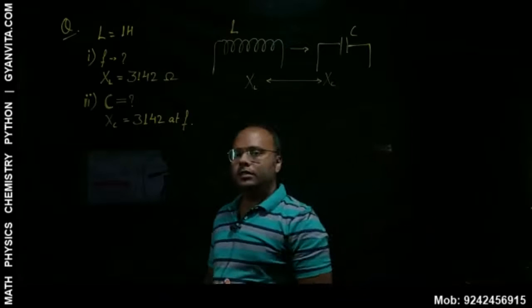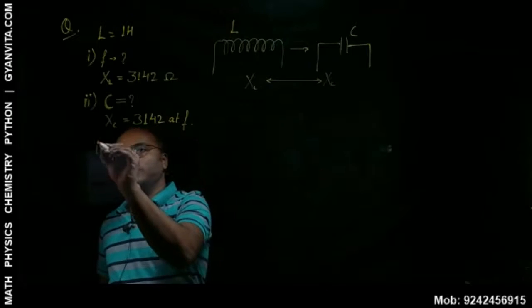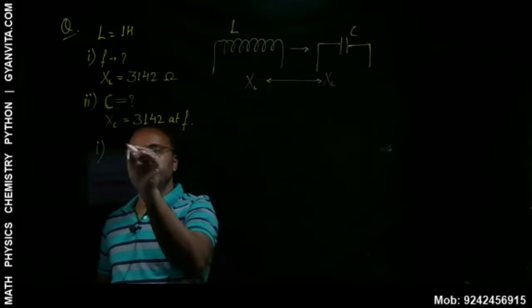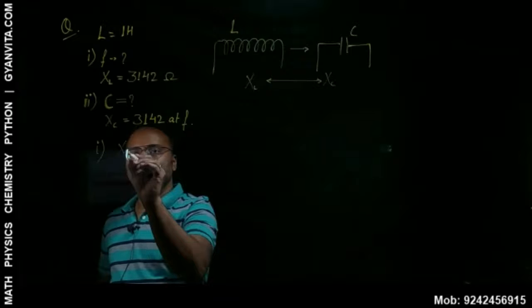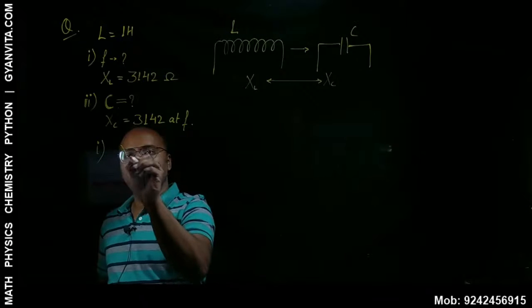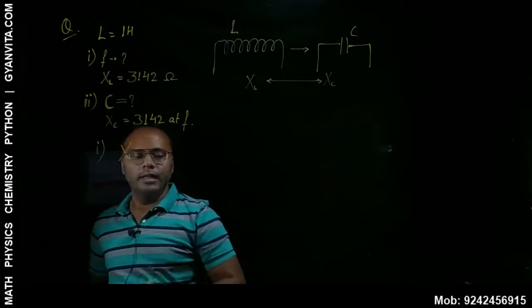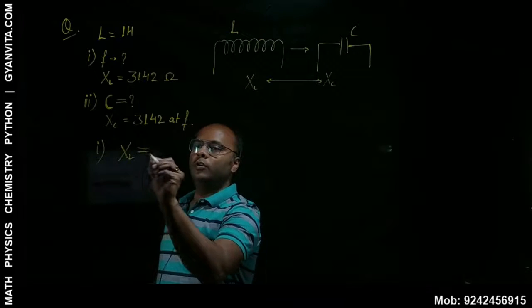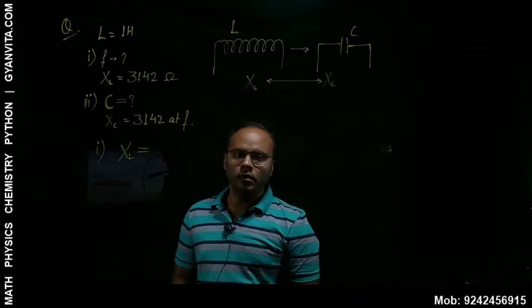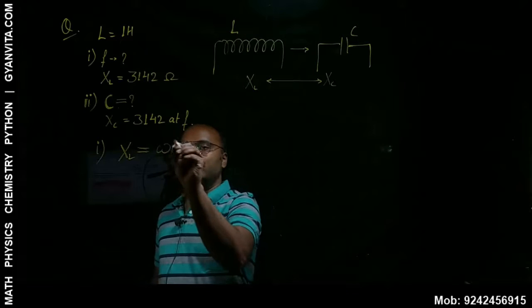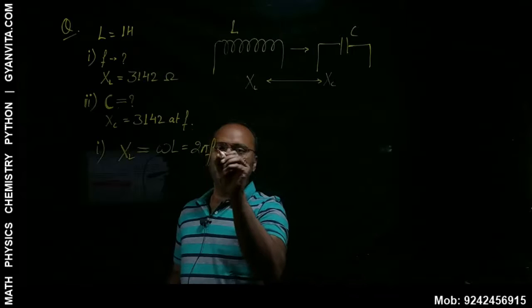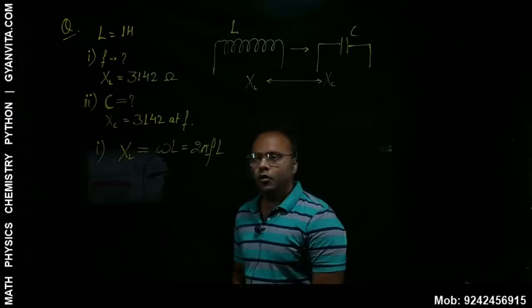Now let's start solving this. Coming to the first part, we know that XL, the inductive reactance, is actually equal to omega L, or 2 pi into f into L. Now what do you have?